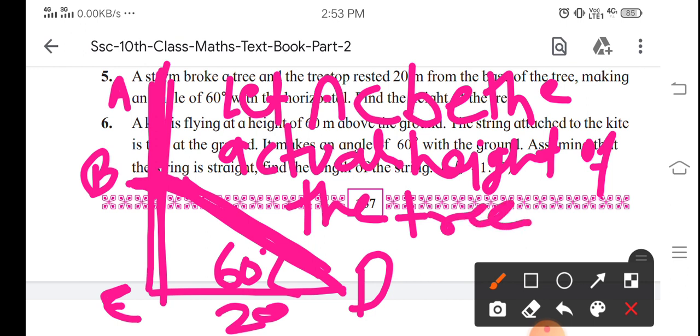Okay, now suppose BD, this BD is the broken part of the tree.